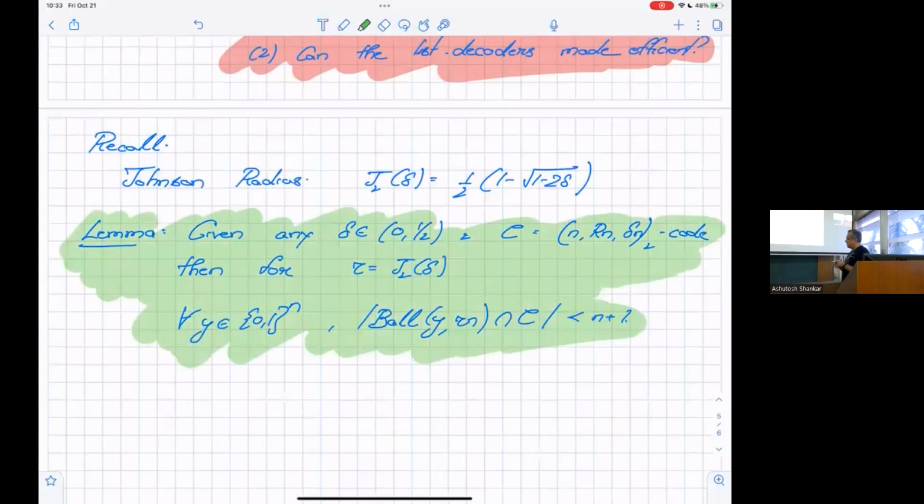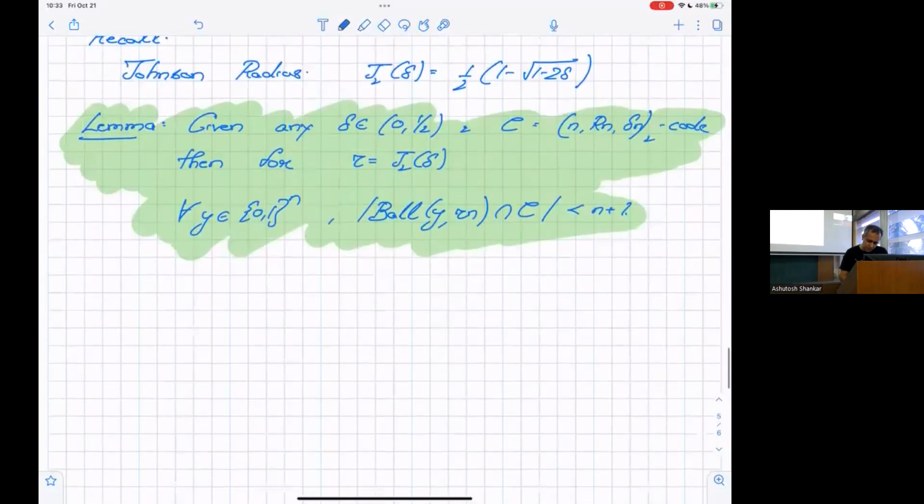This basically says that if you know the code has distance delta, then you can go all the way up to the Johnson radius and still guarantee list decodability, but the list size L is now n plus 1. We have given a full proof of this, extending Plotkin's proof, and that was done for the binary code.